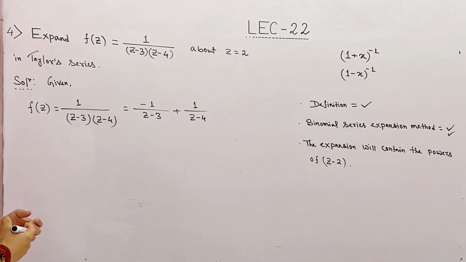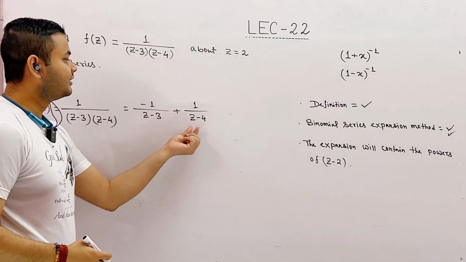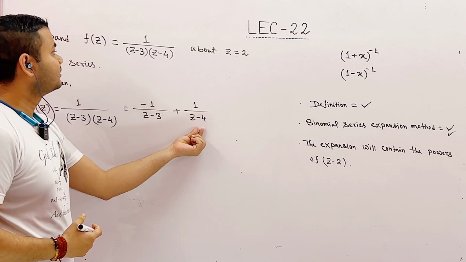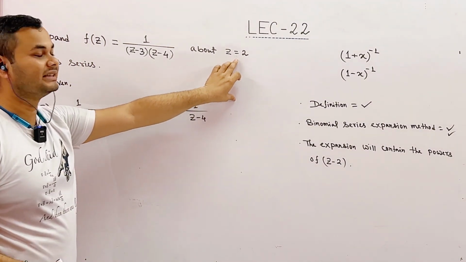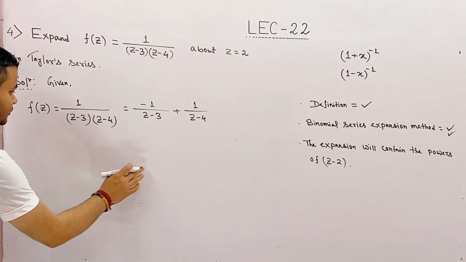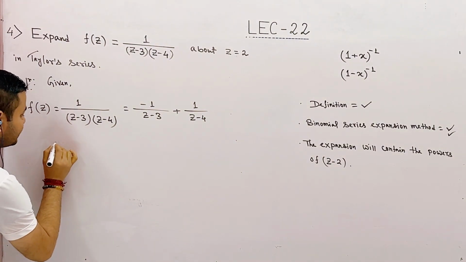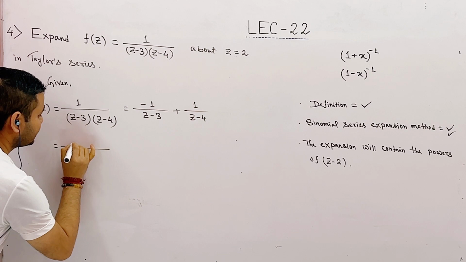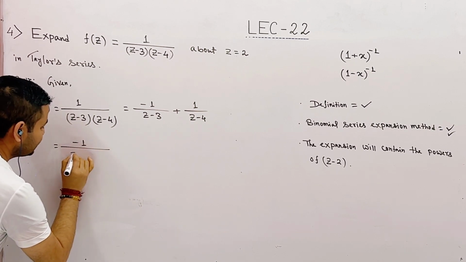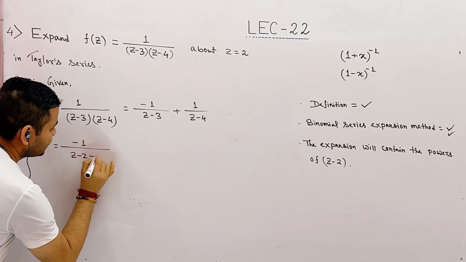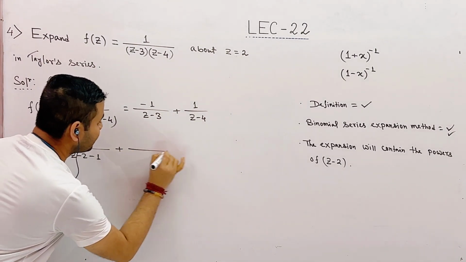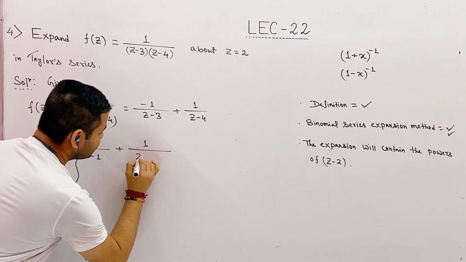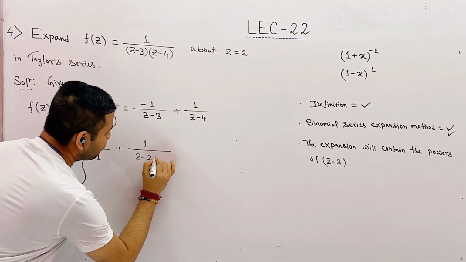Now, let me rearrange these denominators so that we will get a series that contains the powers of z minus 2 only. So, we can write minus 1 divided by (z minus 2 minus 1) plus 1 by (z minus 2 minus 2).